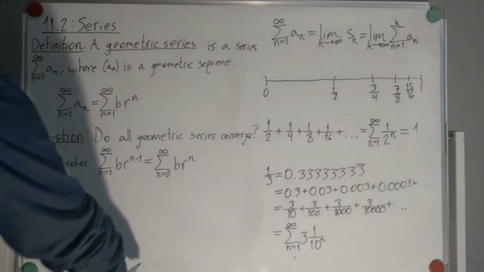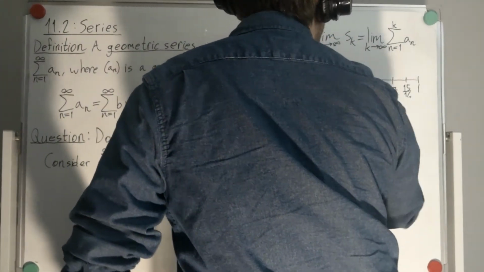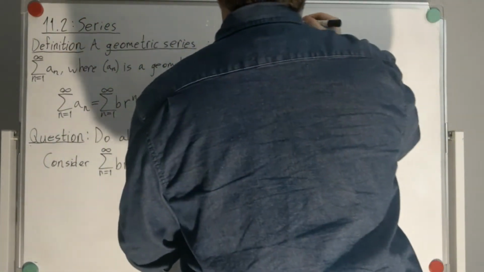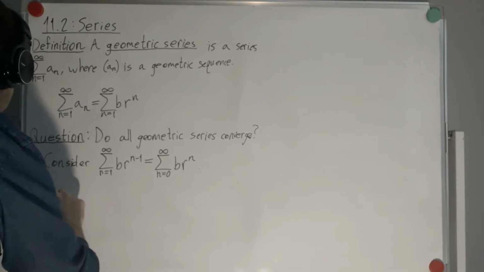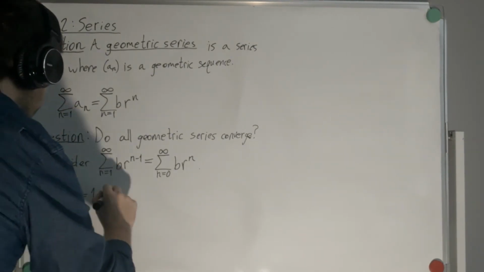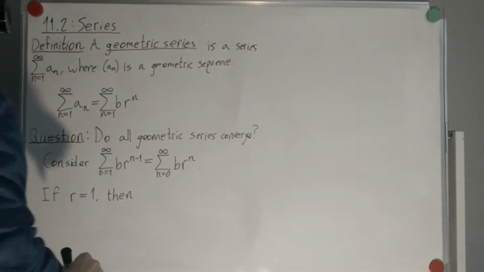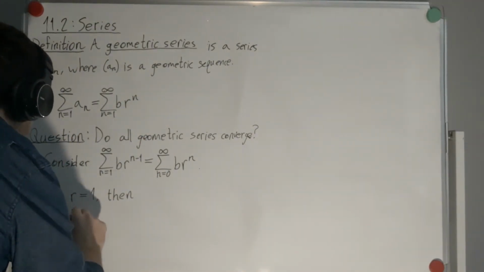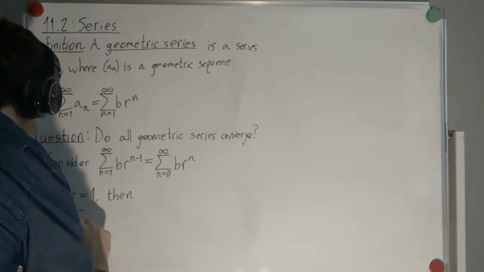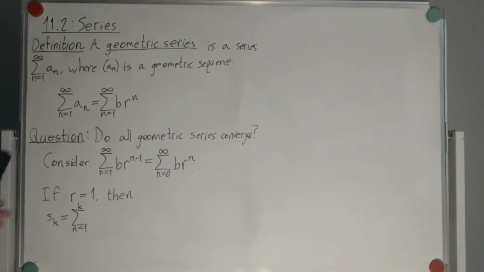All right, so we have a few cases that we need to consider here. So if r equals 1, then that would mean that s_k, the kth partial sum, is the sum from n equals 1 to k of b times 1 to the n.